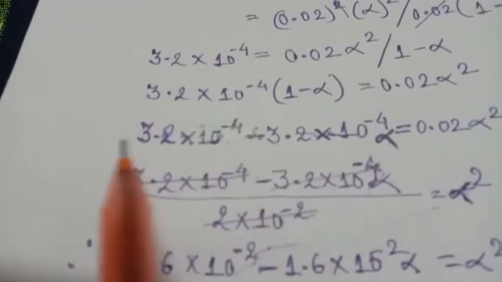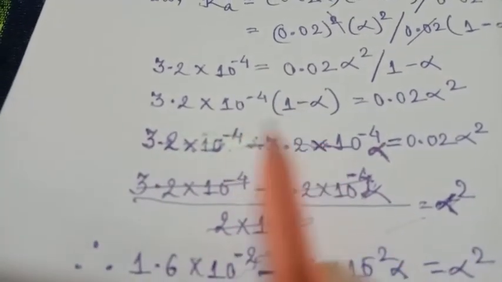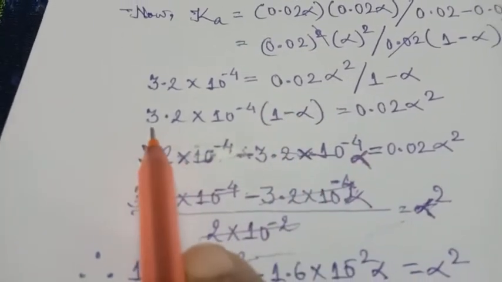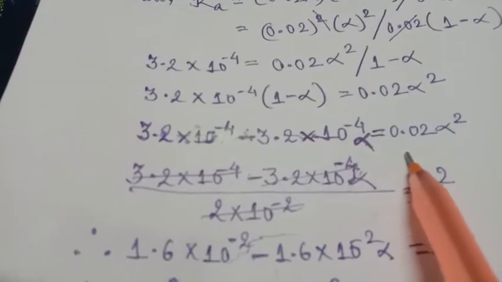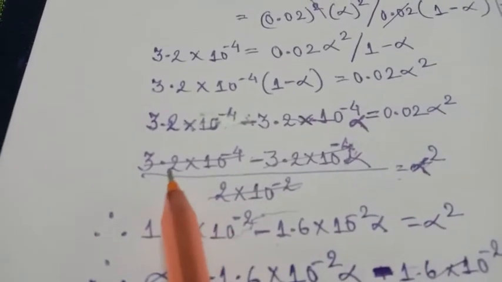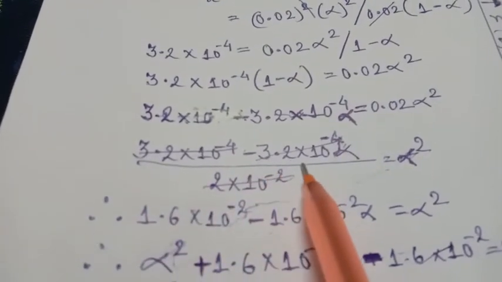Now multiply this bracket: 3.2 into 10 raised to minus 4 ones are 3.2 into 10 raised to minus 4, minus 3.2 into 10 raised to minus 4 alpha, is equal to 0.02 alpha square.